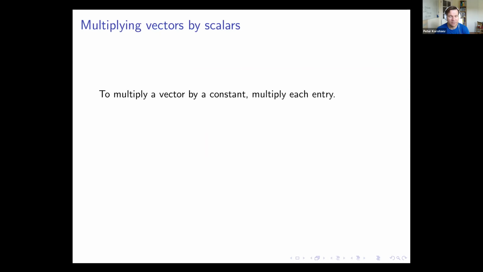Now, another operation on vectors is multiplication by scalars. In order to multiply a vector by a constant, we multiply each entry. So a constant c, which is also a real number, multiplied by a vector with components x, y, and z is equal to a vector with components cx, cy, and cz.